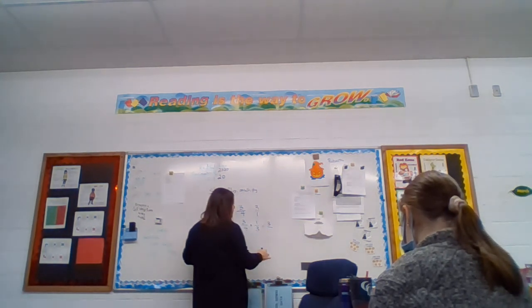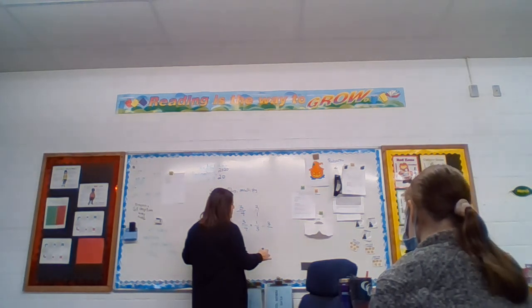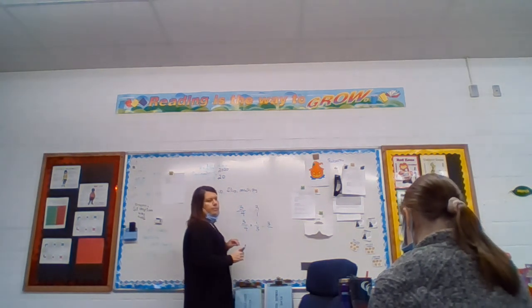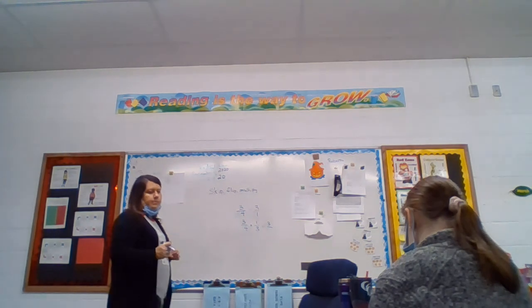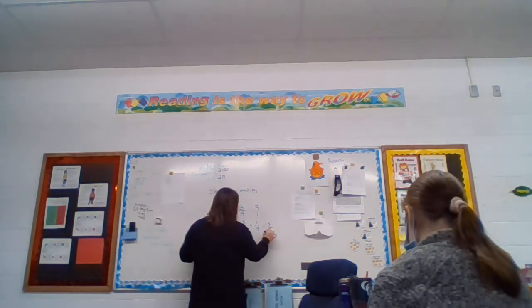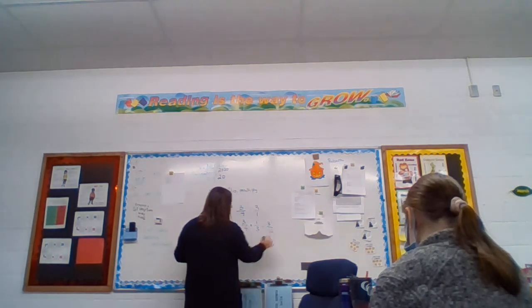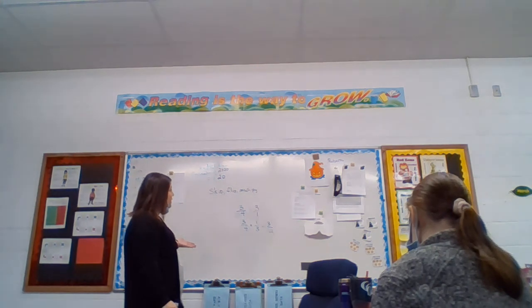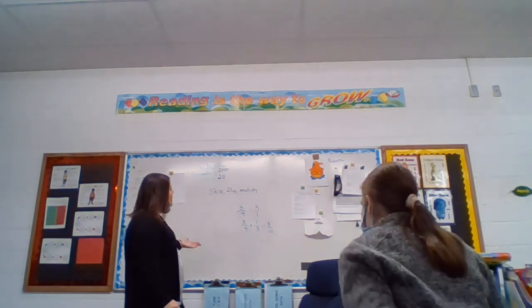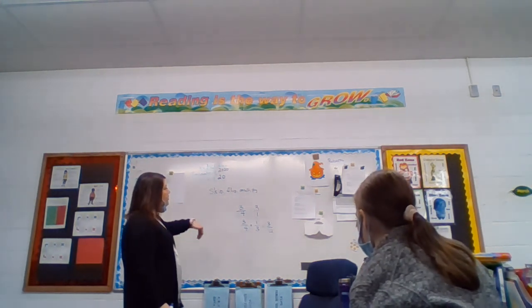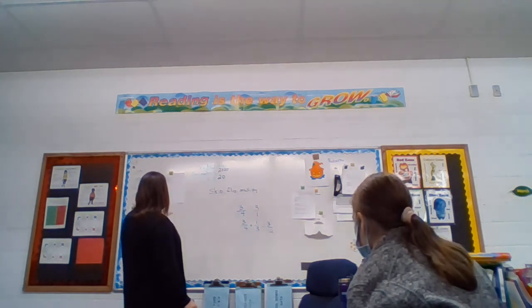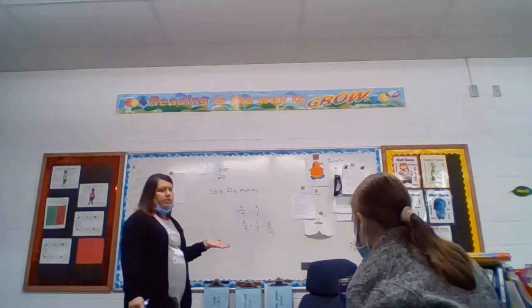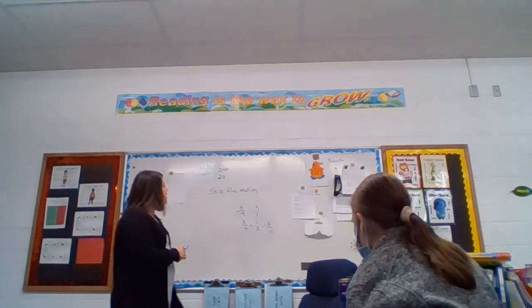And 4 times 3? 12. So you would need 3/12 of a cup of sugar if you're going to cut this recipe in thirds, okay? So I'm going to have you look at the ingredients and cut everything into thirds on your own.